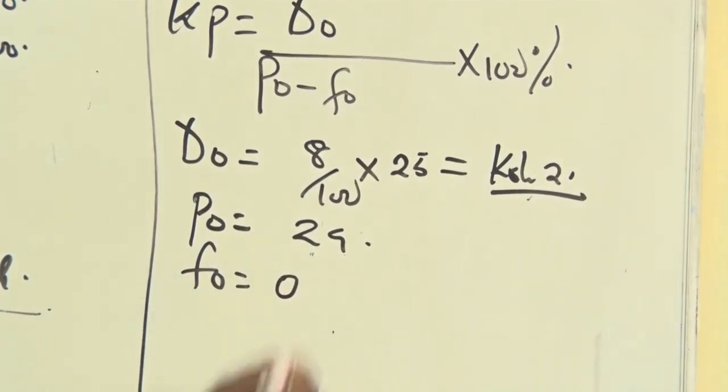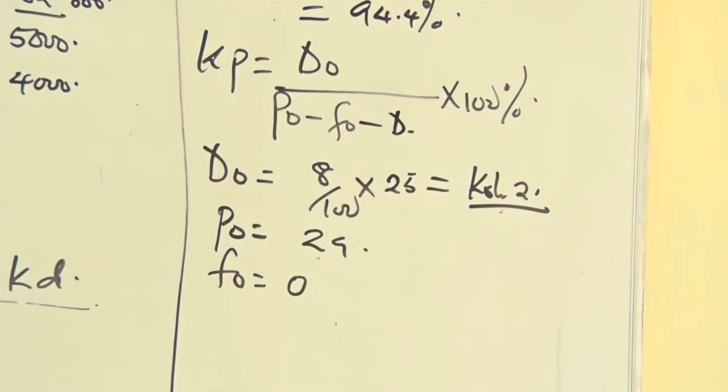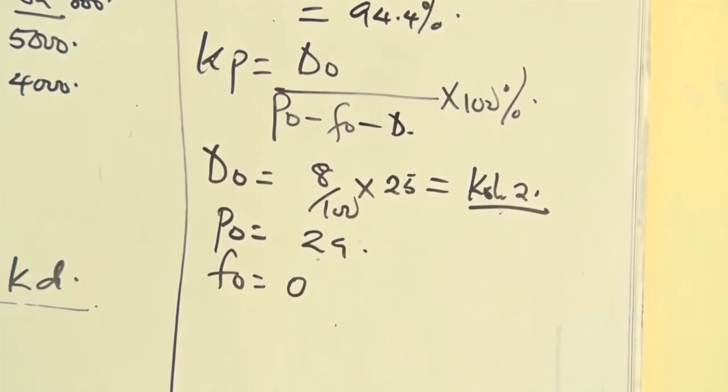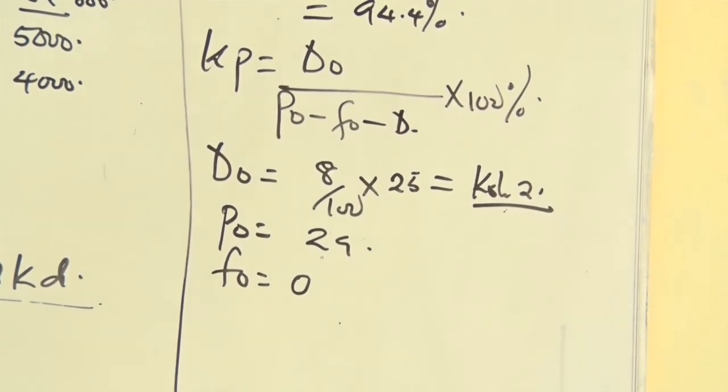Remember, from our formula, we can also subtract D, which in this case is the discount. We are given a discount of 5.